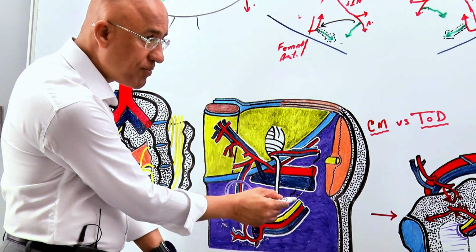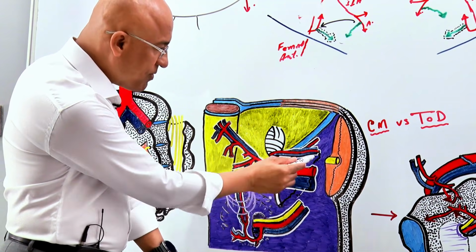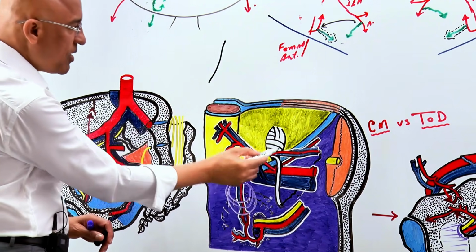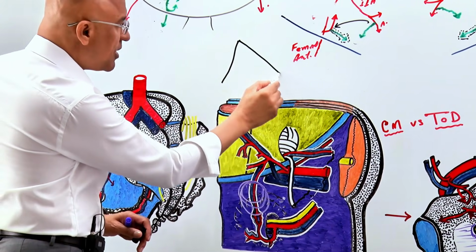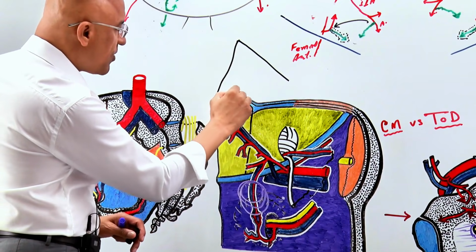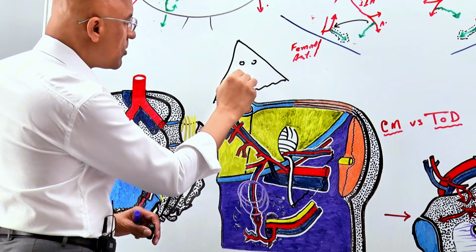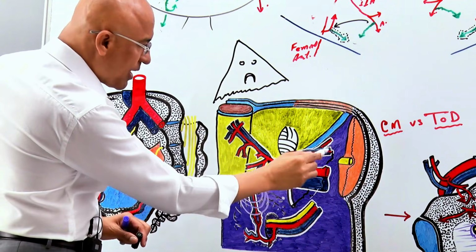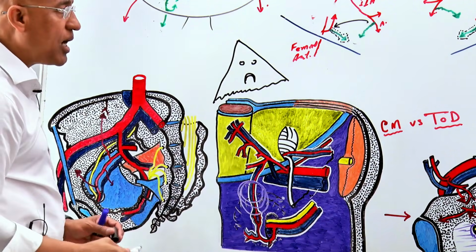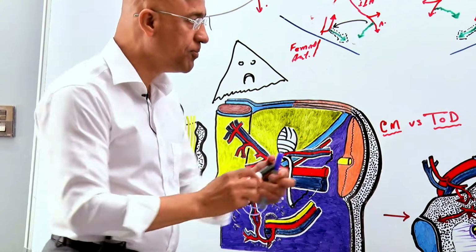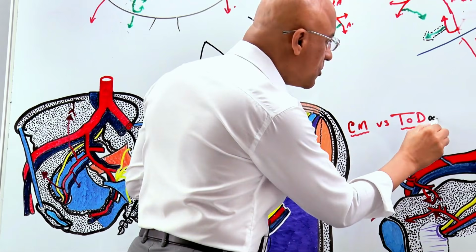Which fascia? Parietal pelvic fascia. So, ductus deferens medially, gonadal vessels laterally, and here a peritoneal fold, right? This triangle is called the triangle of doom. Triangle of doom.